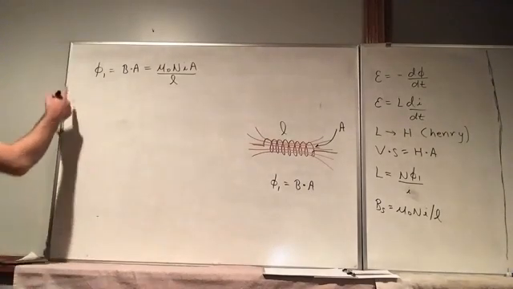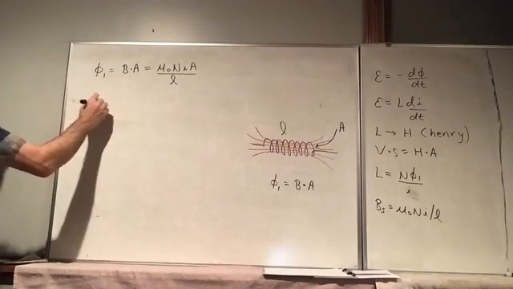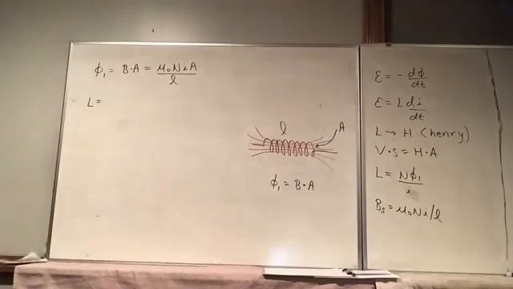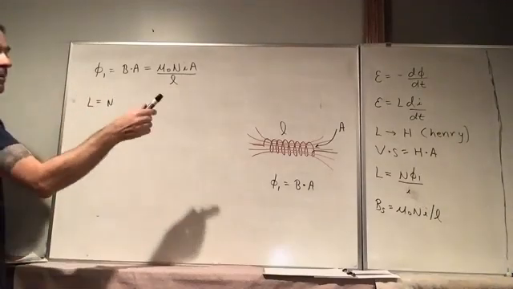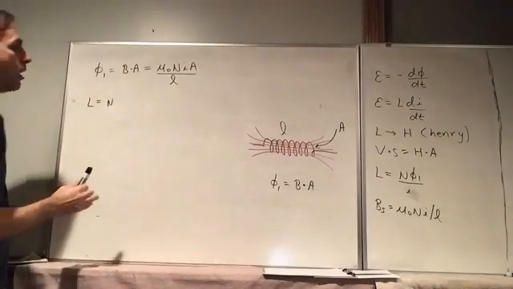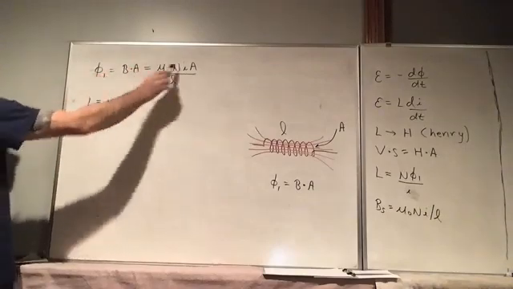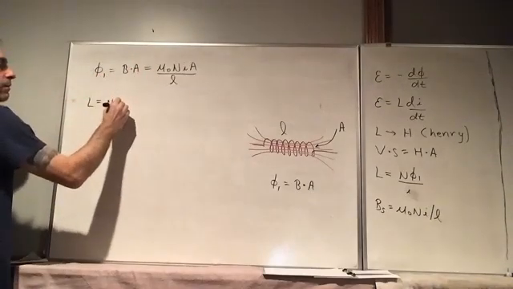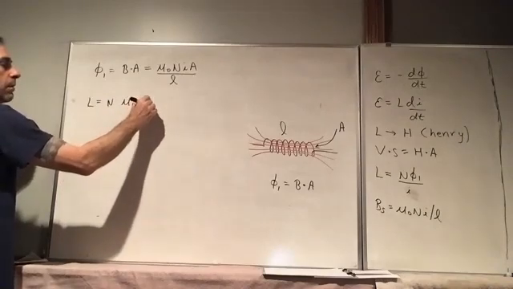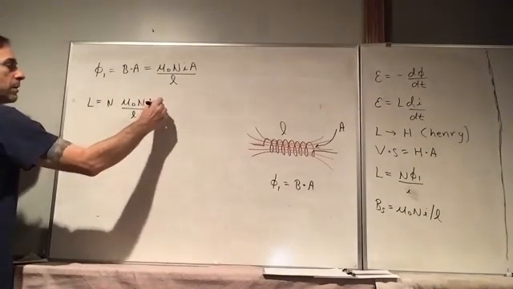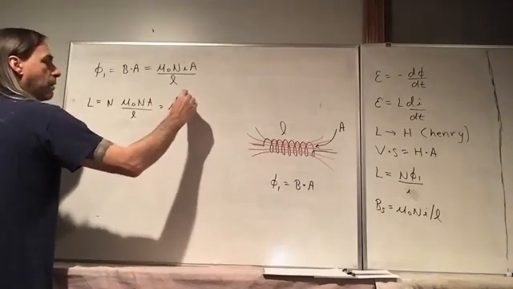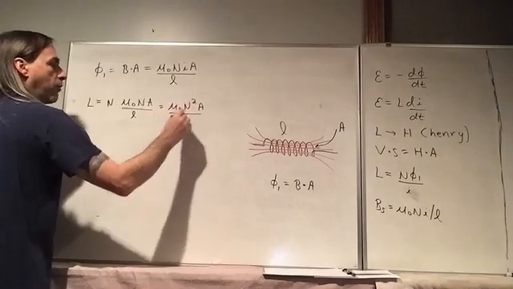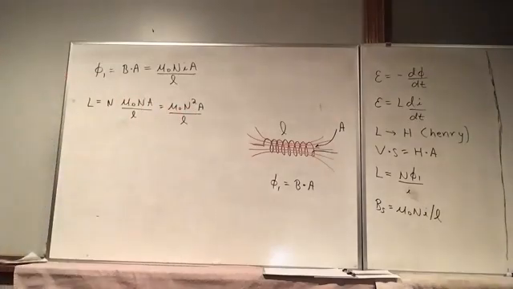Just plug that into L. The inductance of the solenoid, we have N times, let's write it as N times phi 1 over I. So phi 1 over I, we just get rid of that I. So we have mu naught N squared A over l, where N is the number of turns in the solenoid.